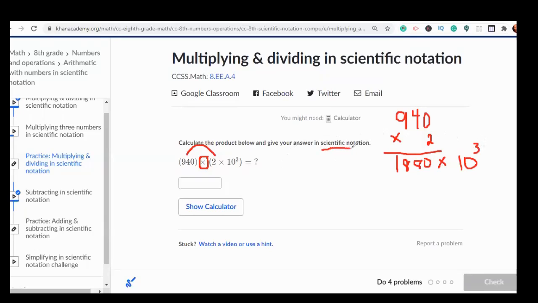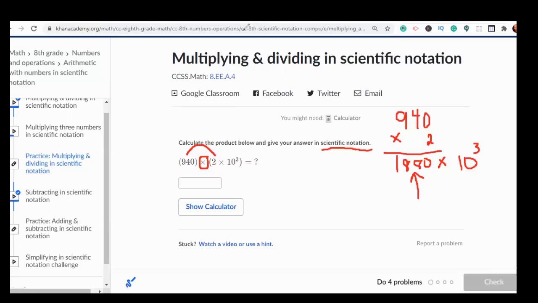And we might be thinking, well, aren't we done? Well, let's look closely. We have 1880 times 10 to the third power. It kind of looks like scientific notation because we have a number times 10 to a power. But remember, the number in the front had to be between 1 and 10, and clearly 1,880 is not between 1 and 10. So this is not scientific notation right now, but we can easily fix it.